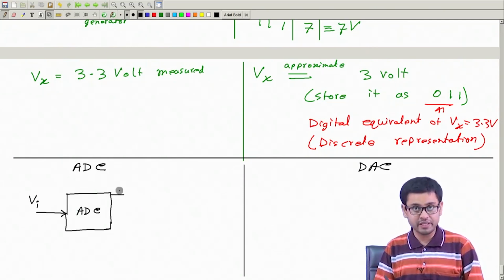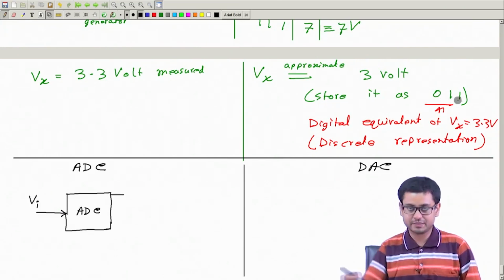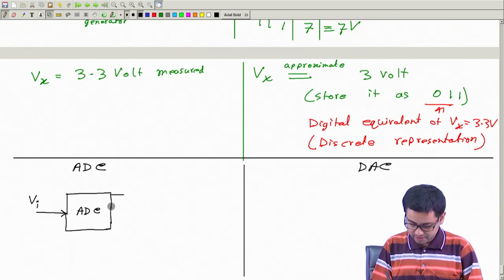Digital output means the number will be represented in the form of bits. Each bit I draw as an output.